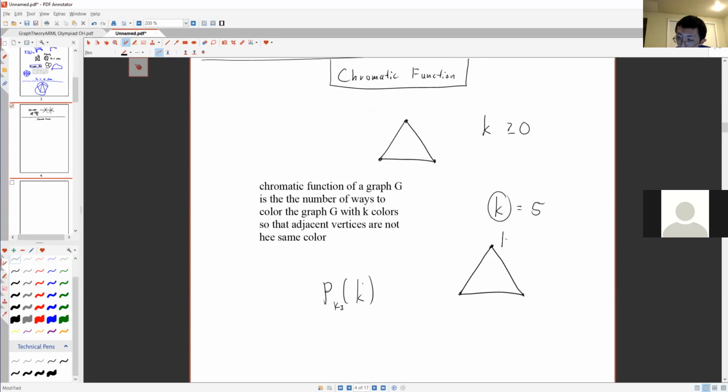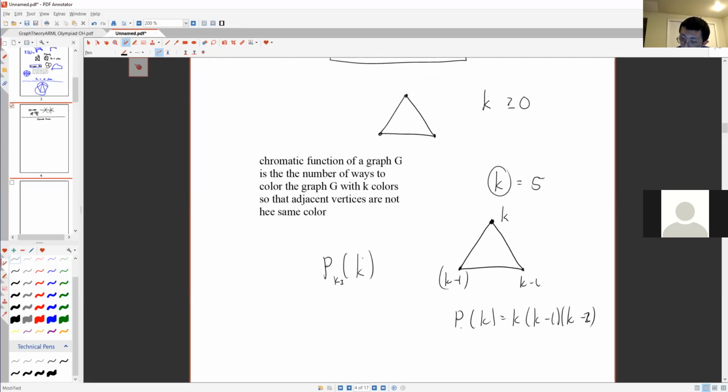So there are k ways to color the first vertex, k minus 1 ways to color the next vertex, and then k minus 2 ways to color the next vertex. So the chromatic polynomial for this triangle is k times k minus 1 times k minus 2. Well, here it's a polynomial. So this is the chromatic polynomial of K3.